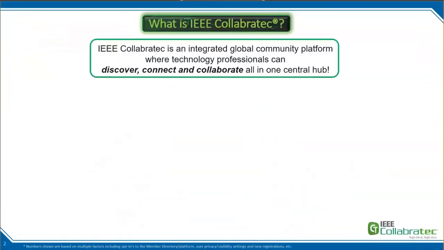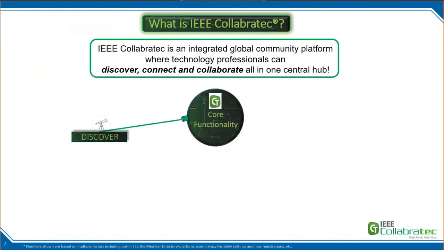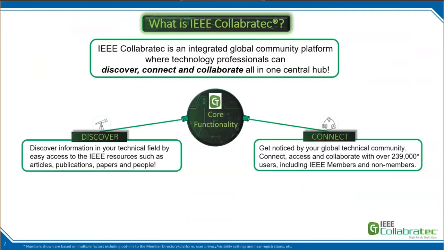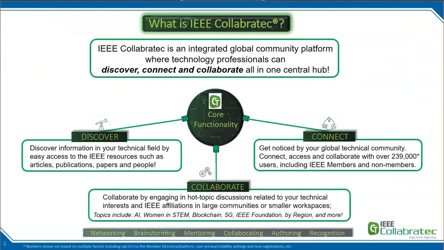So let's begin. I won't read the whole slide, but what is Collabratec? It's basically an integrated global community platform where professionals like yourself in the technology field can discover, connect, and collaborate. You're discovering IEEE resources such as articles, publications, papers, and people.